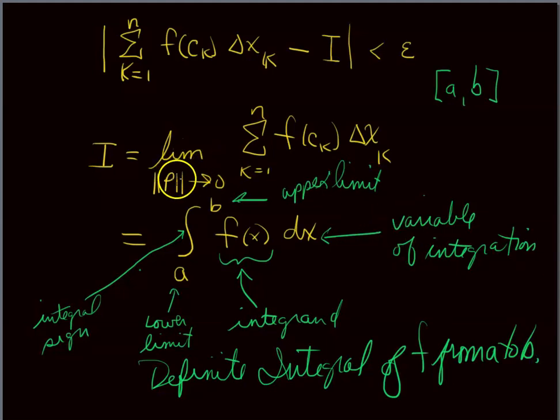These Riemann sums, the limit converges to I. f is called then integrable if this integral can be found at every x, because x is an element of that closed interval. So, this is just notation right now.